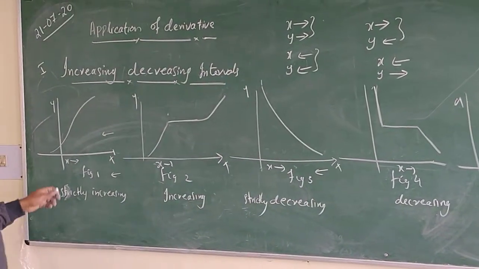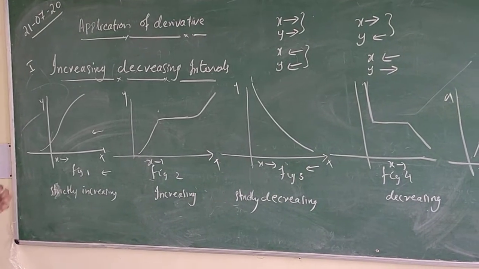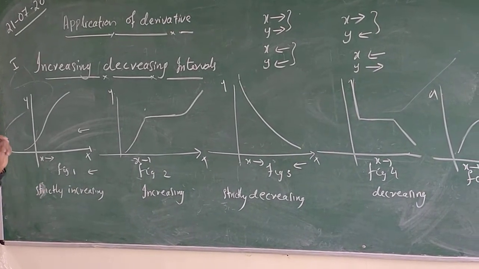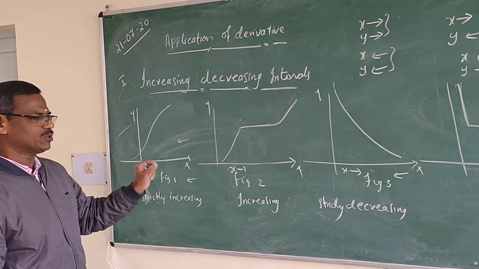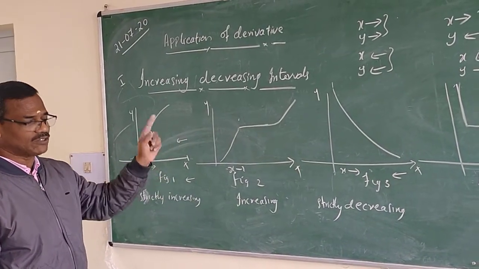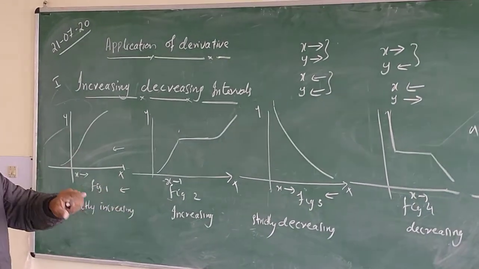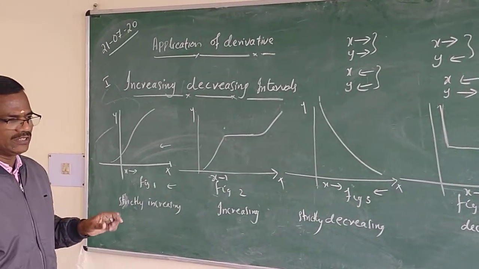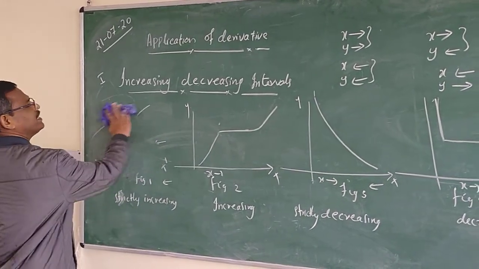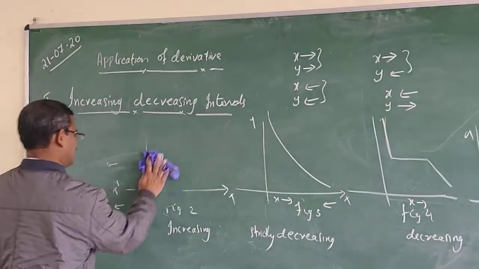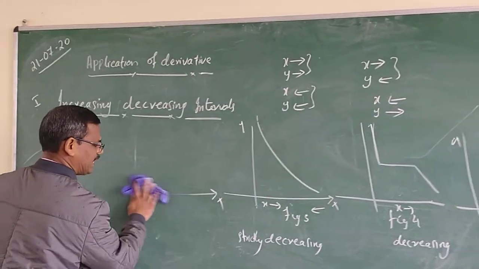So you have to remember the definition of increasing and decreasing function in an open interval. If you take any two elements of that interval, say x1 and x2, and x1 is less than x2, and the function's value f of x1 is less than or equal to f of x2, then it is an increasing function. That is the definition of an increasing or decreasing function in a particular interval.